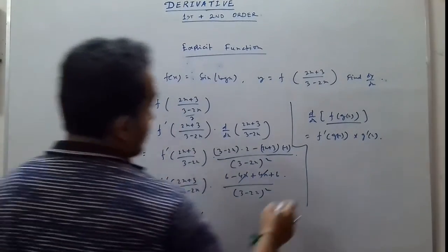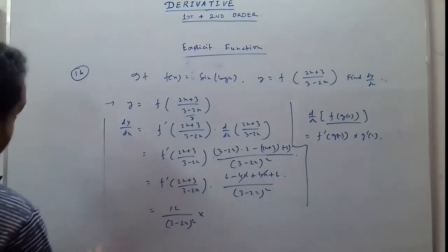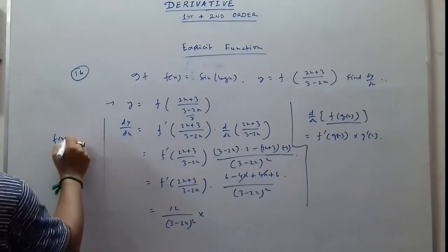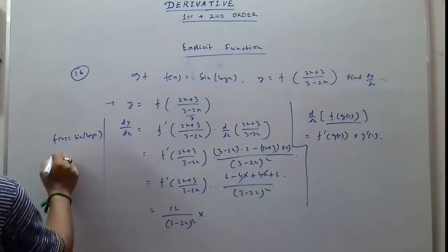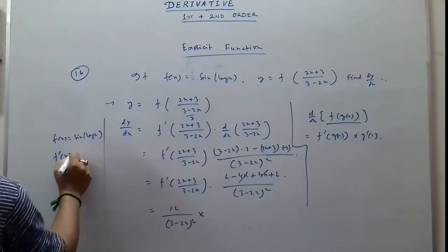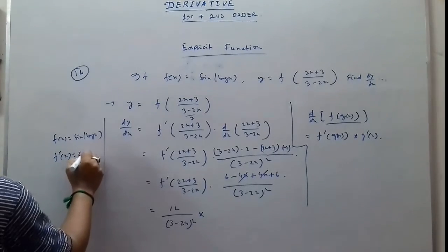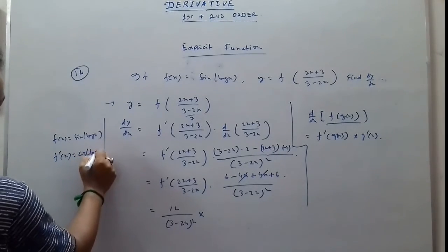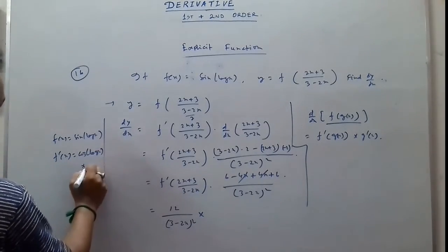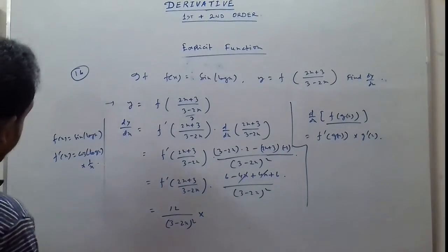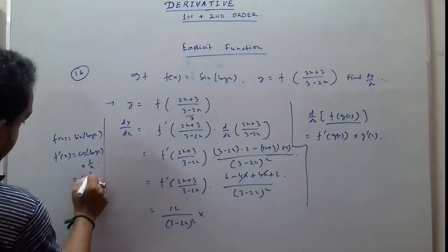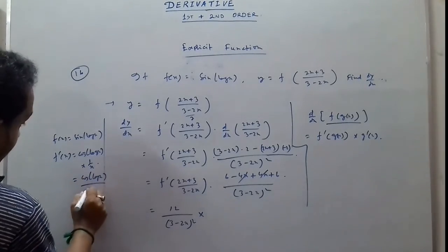Now since we have f(x) is equal to sine of log x, differentiating f(x) we get f'(x) is equal to cos of log x into derivative of log x, which is 1 by x. So f'(x) is equal to cos of log x by x.